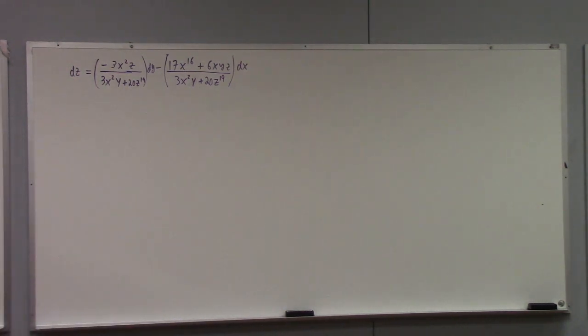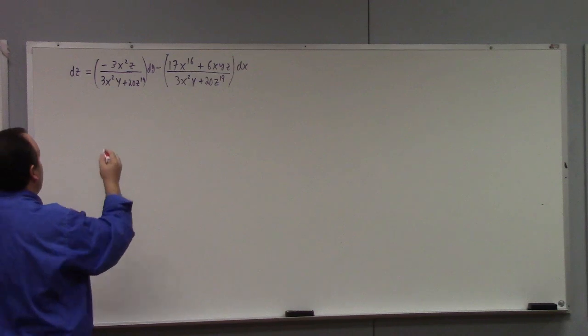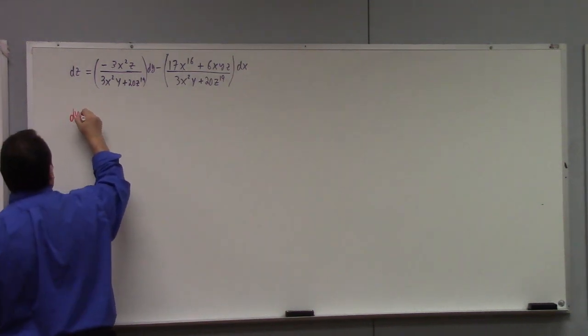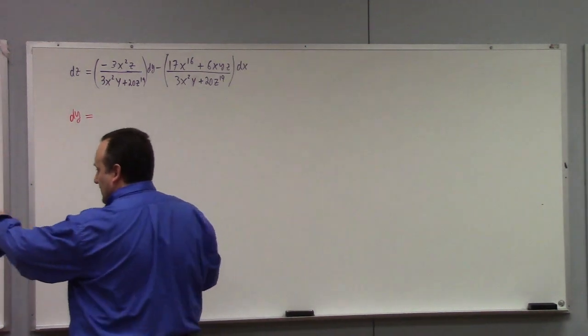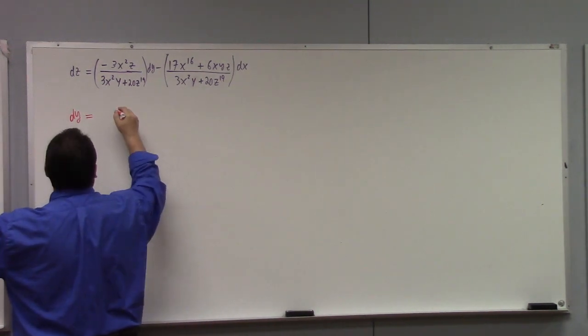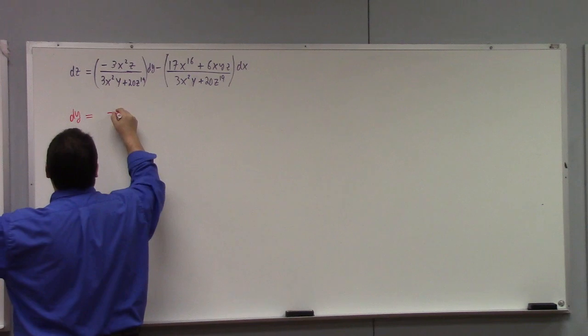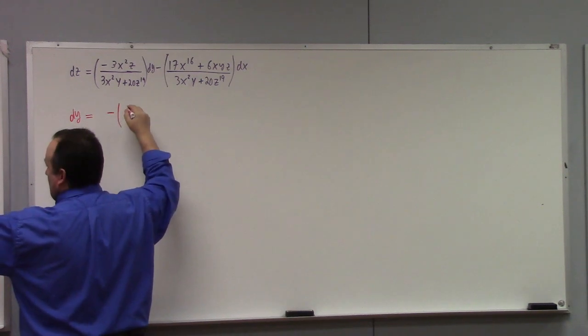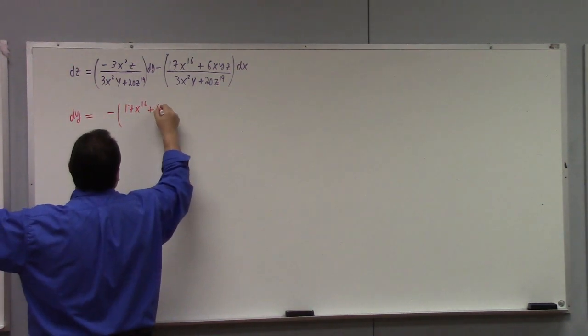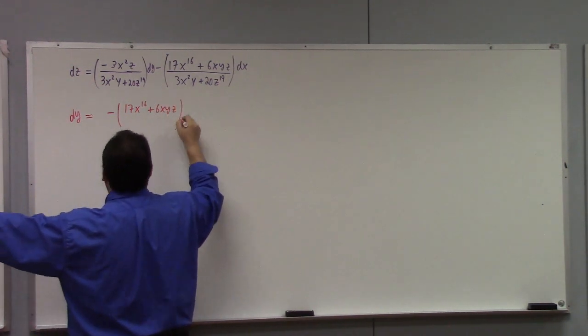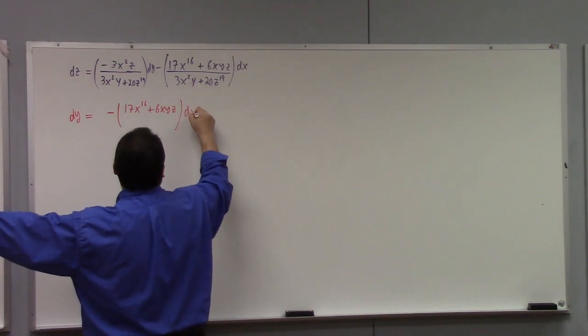But you see, I could also solve this for dy, right? What would dy be equal to? So isolate dy. I get minus parentheses 17 x to the 16 power plus 6xyz. And that's got my dx on it.